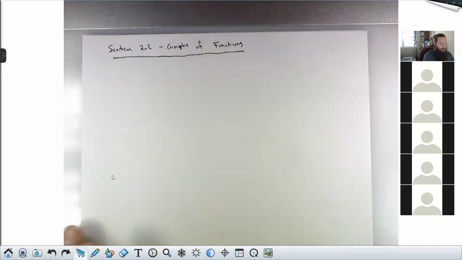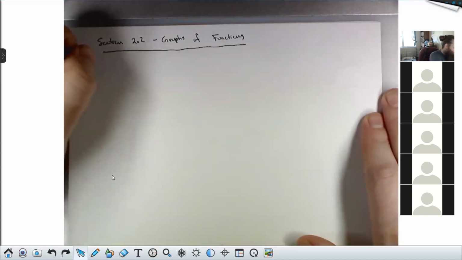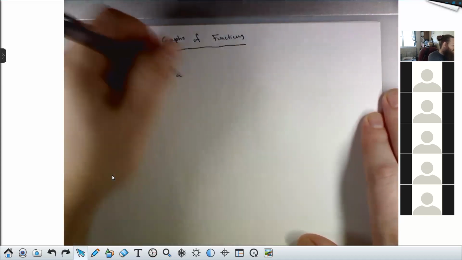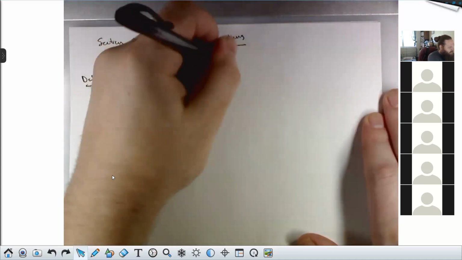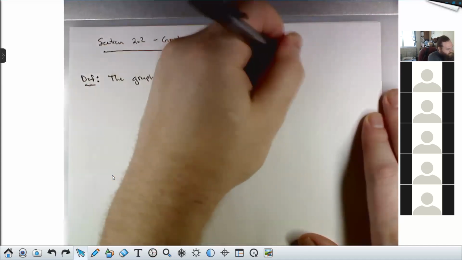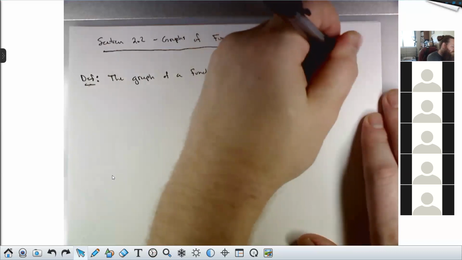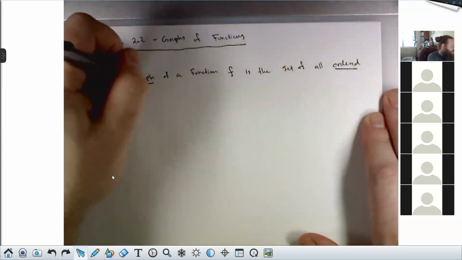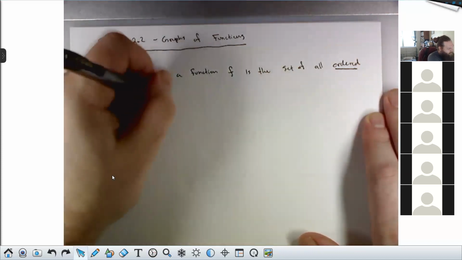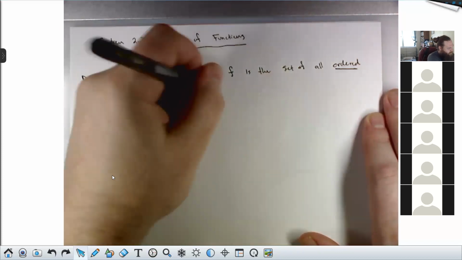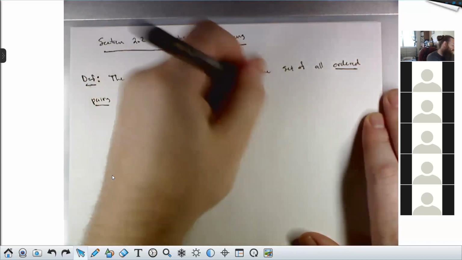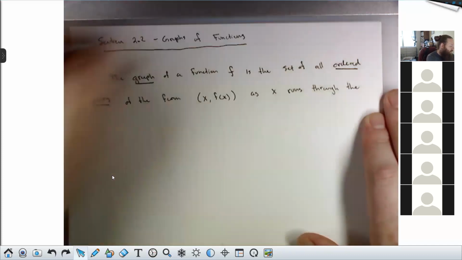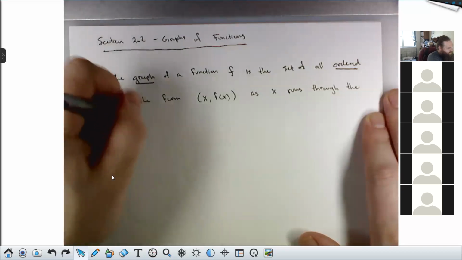I know you've all seen graphs since probably 7th grade, so I don't want to waste your time too much, but by definition, the graph of a function f is the set of all ordered pairs of the form x comma f of x as x runs through the domain of f.